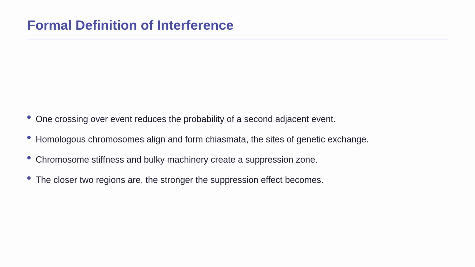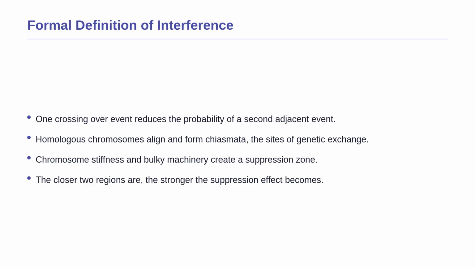Building on that physical intuition, let us define this formally. In genetic terms, interference is the phenomenon where the occurrence of one crossing over event reduces the probability of a second crossing over event in an adjacent region. When homologous chromosomes align, they form chiasmata, which are the actual physical sites of genetic exchange.